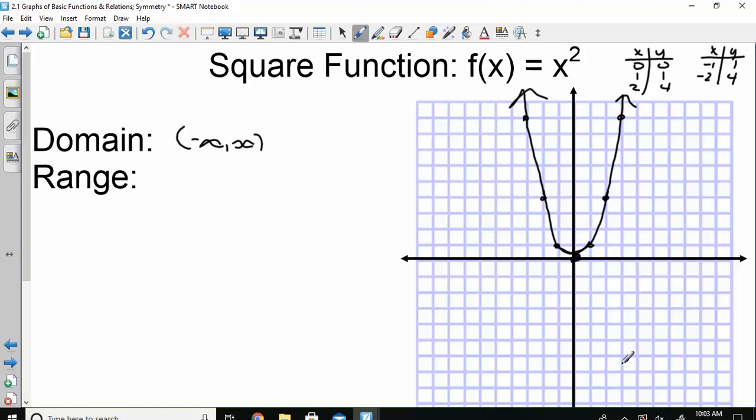Your range is your y, so going from the bottom up, this graph starts at 0, it hits it, so that would be a bracket, comma, keeps going up forever, so it goes to infinity.